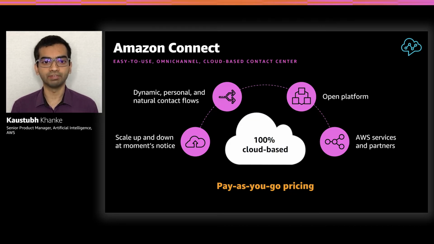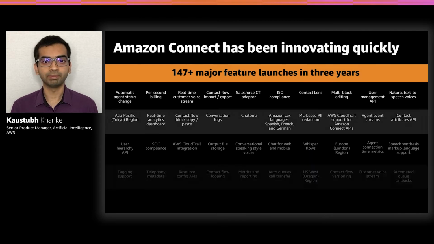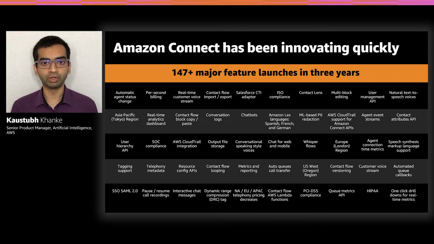The past 3.5 years have been exciting. Since we started, we have been innovating quickly to build core capabilities to consolidate and simplify the contact center and offer a globally available and highly scalable on-demand service. We have launched over 147 major features. You may have seen recent launches such as Amazon Connect Chat, which allows customers to contact agents through their channel of choice, whether that is web or mobile.